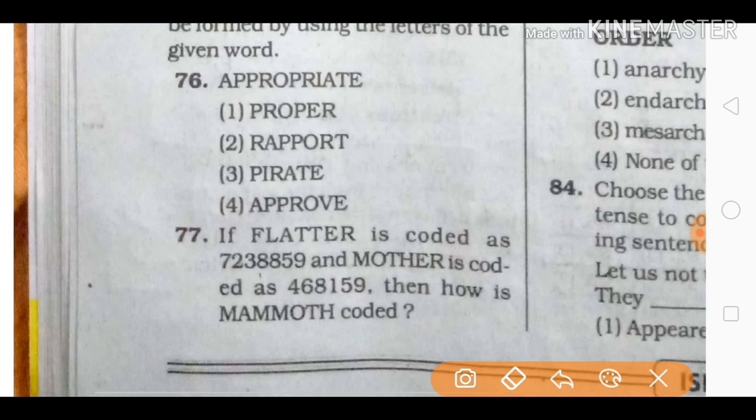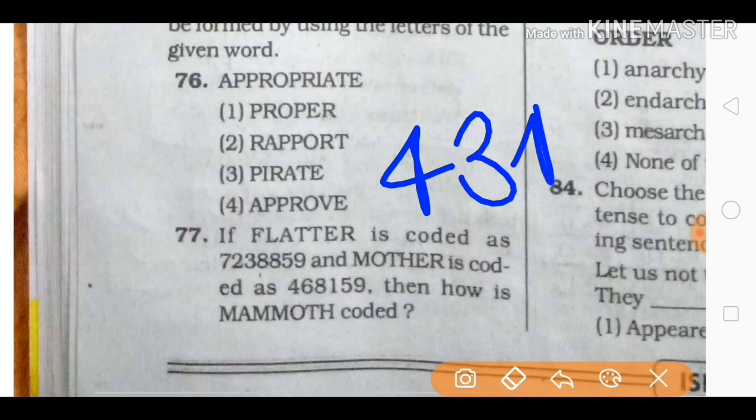M is what? 4. A is your 3. M is your 4. O is your 2. T is your 8.